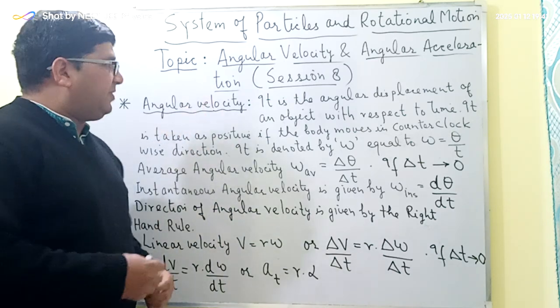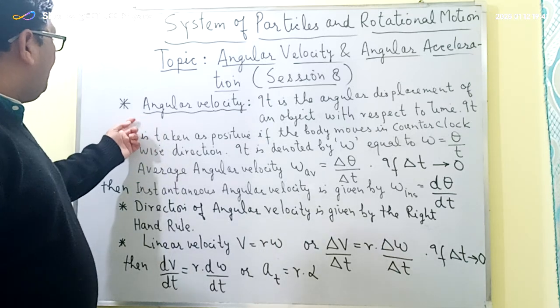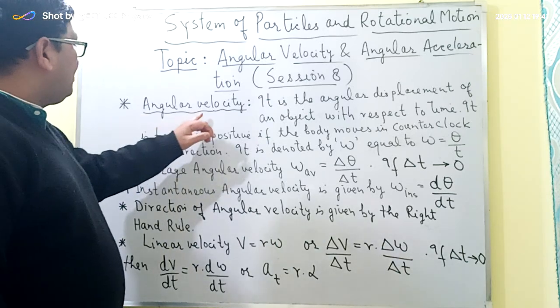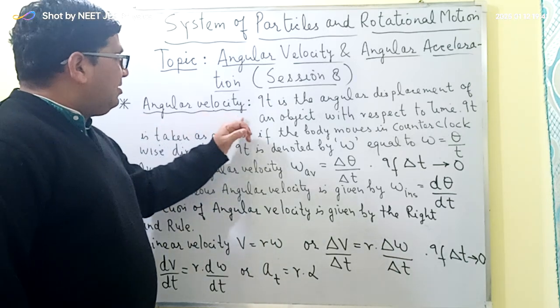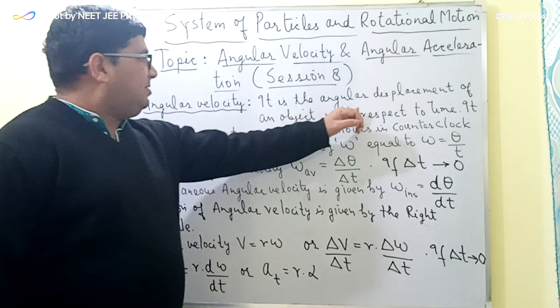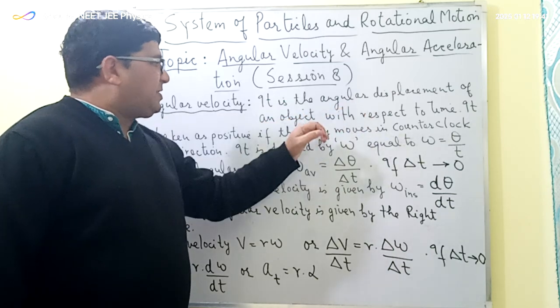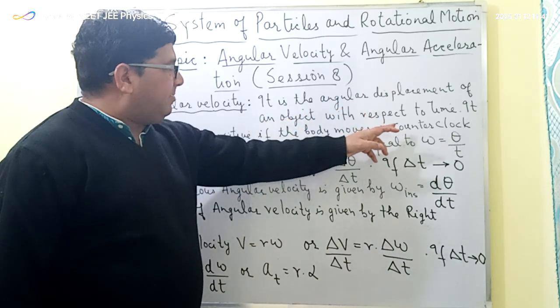So, the first point is the definition of angular velocity. Angular velocity is the angular displacement of an object with respect to time.